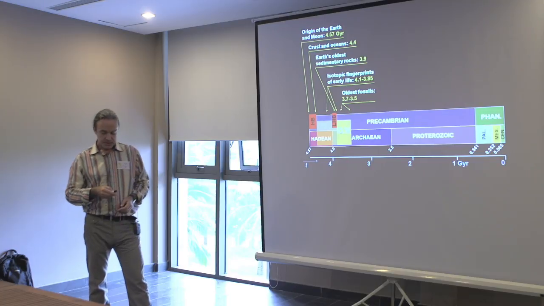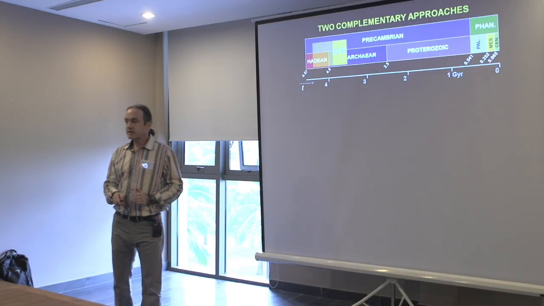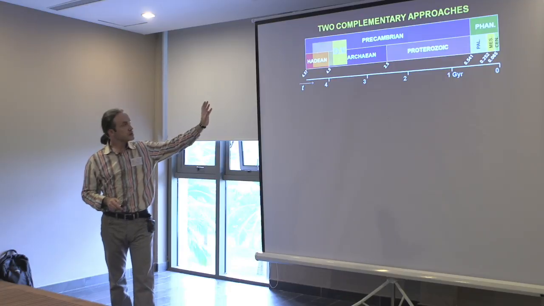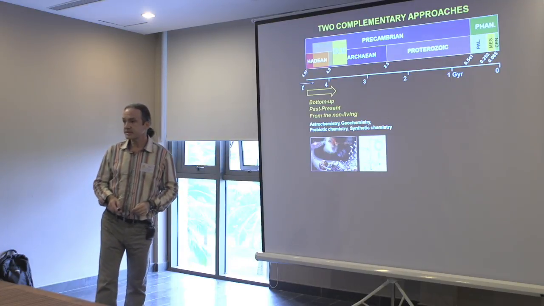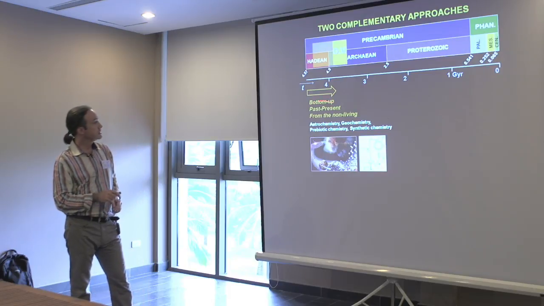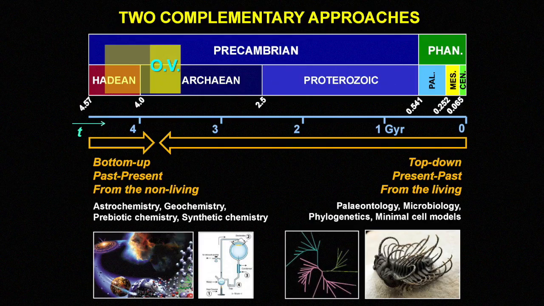So how do we study this part of the history of our planet? We use two approaches. The first is called the bottom-up approach, or from the past to the present, from the non-living. This is the field for astrochemistry, geochemistry, prebiotic chemistry, and also synthetic chemistry.